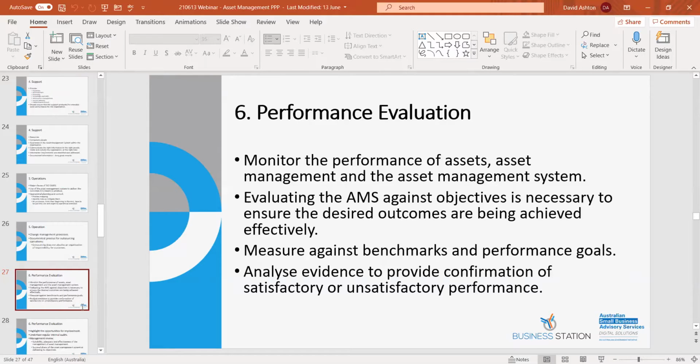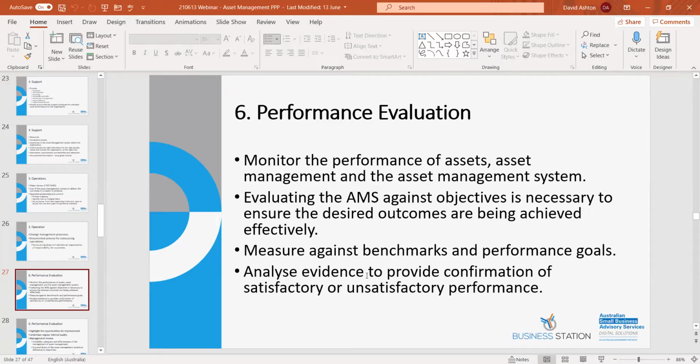So performance evaluation. This is important, constantly ensuring that the asset management system is meeting its intended use. Monitor the performance of not only the asset, but the asset management processes and the system as a whole.